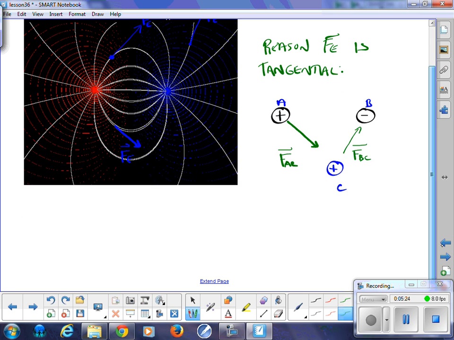And if we were then to take our two vectors there and add them, there's my force AC. This is my force BC. Then the resulting vector, or the resulting force, would be at a point tangential. So it depends on where exactly we are talking.